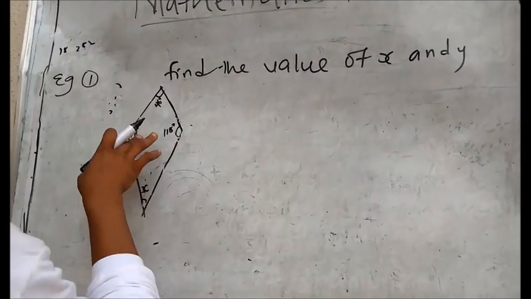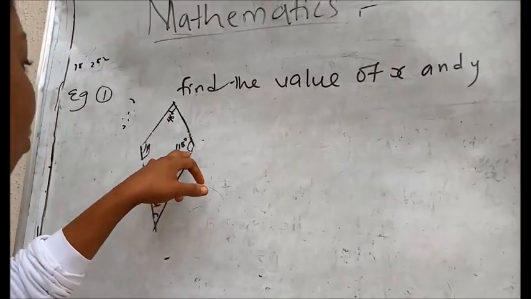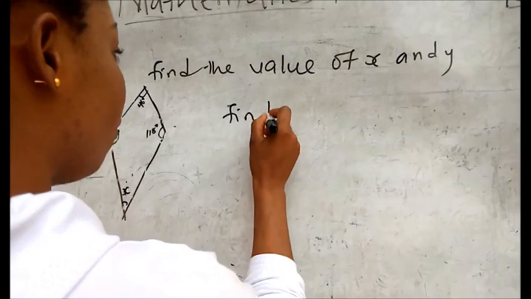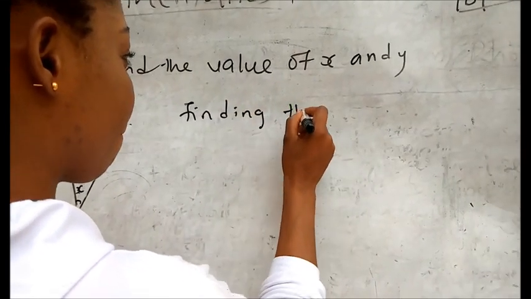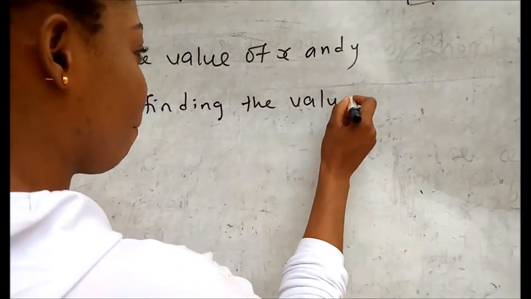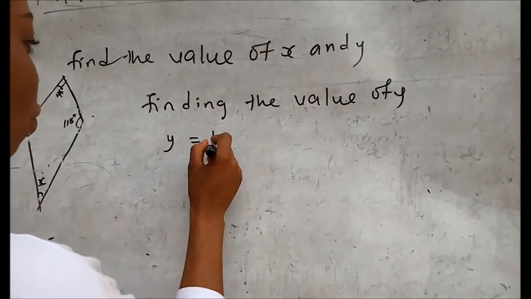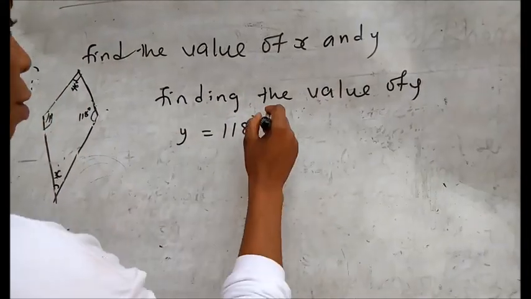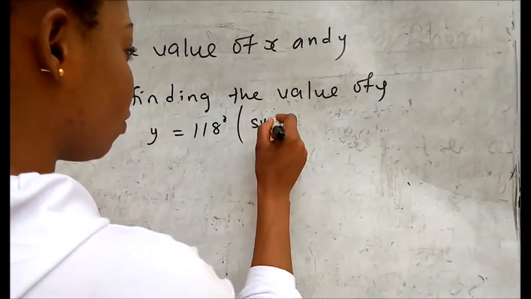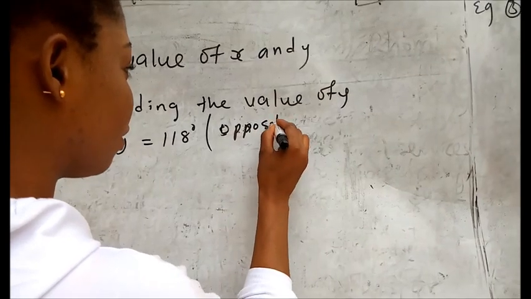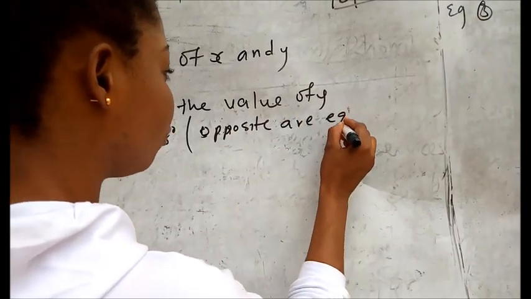But in this diagram, I'm given this angle to be 118 degrees. So finding the value of y, my y will be equal to 118 degrees. Reason: the opposite angles are equal.